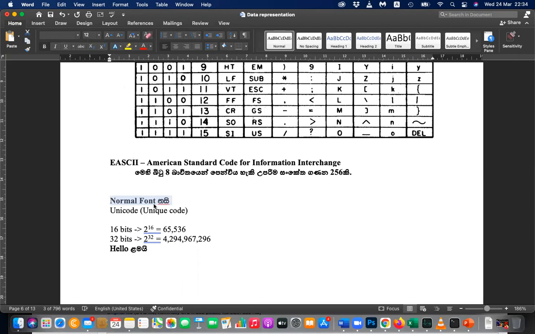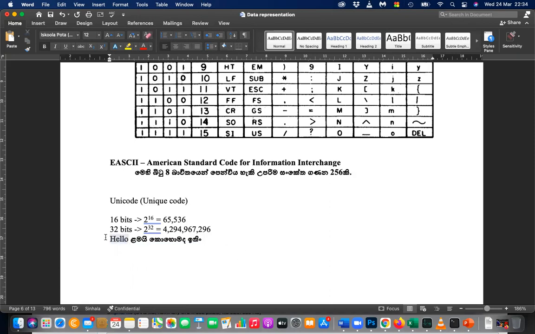But Unicode avoids this issue. No need to use multiple fonts to write multiple languages. So if you have hello here, and I want to write Sinhala over there, I have to change to the Sinhala keyboard and write it like this.